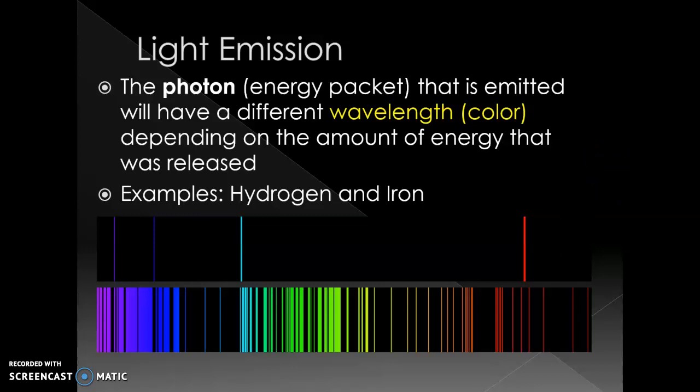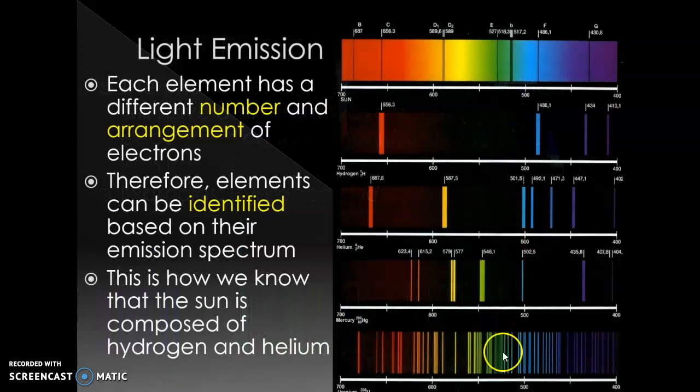For example, this first light emission spectrum is for the element hydrogen, and the one below it is for the element iron. Two very different substances have their own emission spectrum, and you can use that to identify the element, like a fingerprint for a person. Here are a few more light emission spectrums. The first one represents the sun. To determine what elements are showing their light in the sun, you can compare the various parts and see that hydrogen has this emission spectrum, and helium has this one.